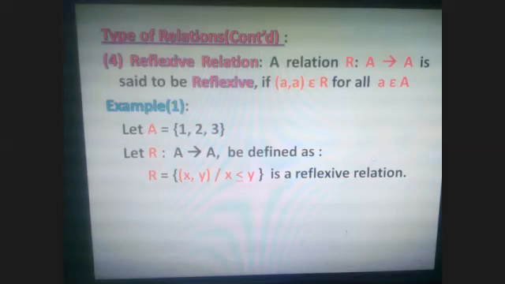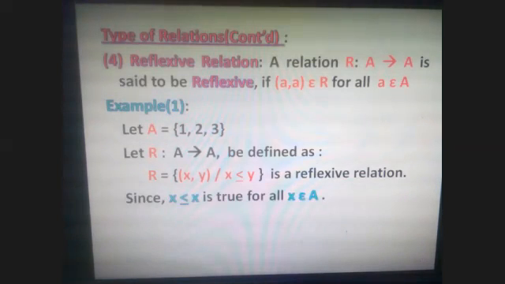Let's take an example. Suppose A is {1, 2, 3}. We define a relation from A to A defined by R equal to the set of (x, y) such that x is less than or equal to y. It is a reflexive relation. Why?